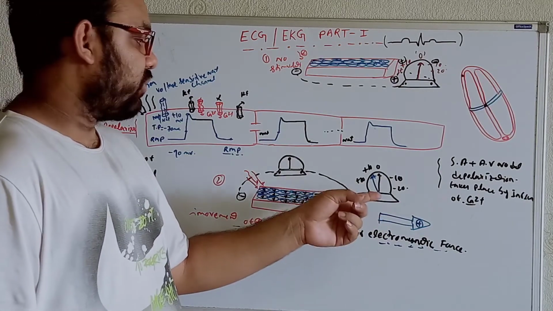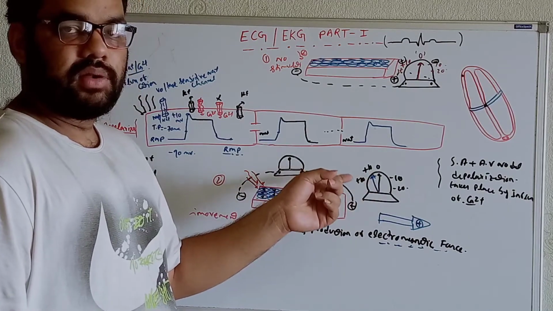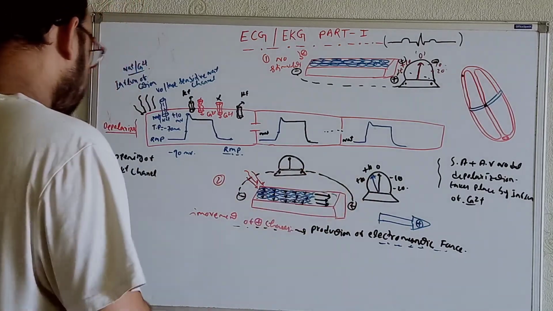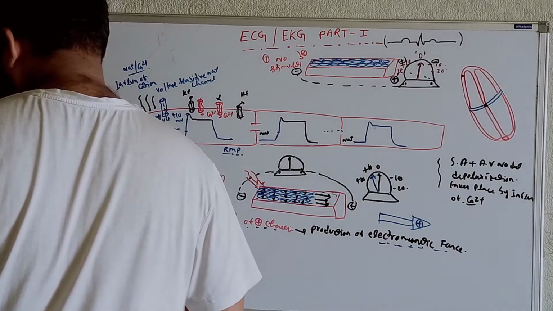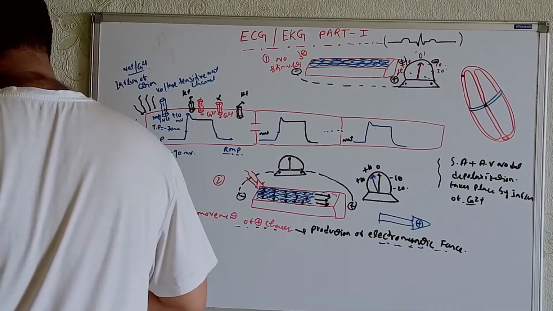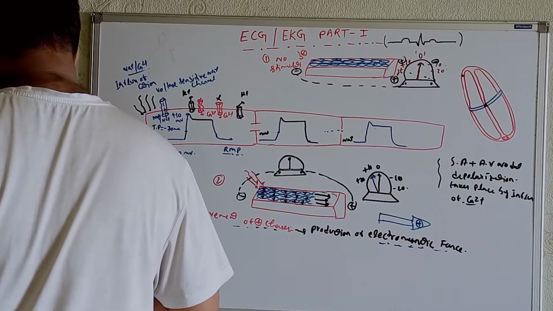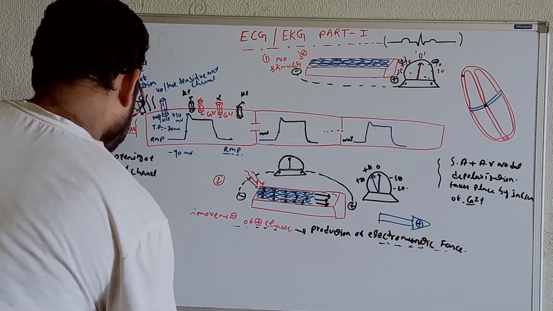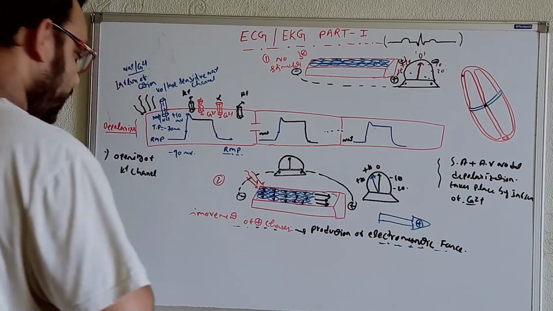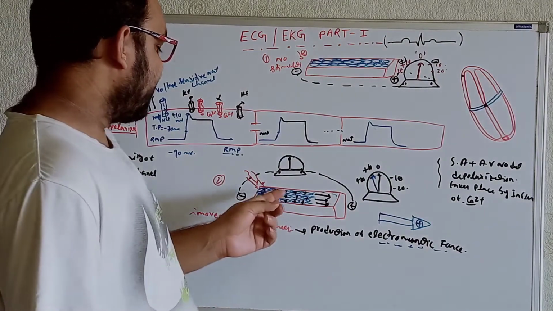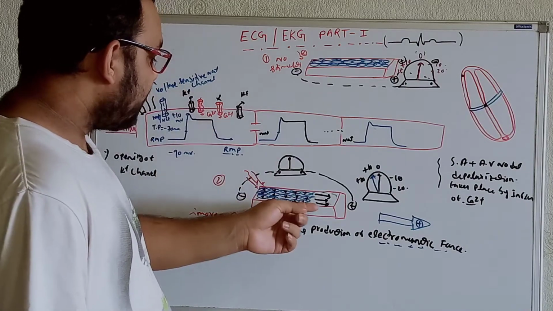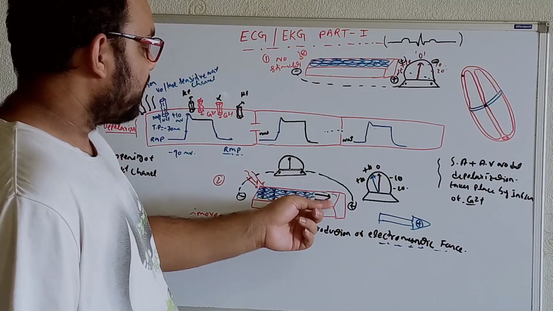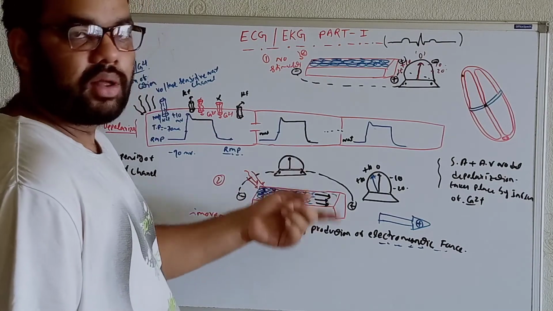Okay, and for the changes we'll get in the next case, let's talk about that. Now see, another important thing: whenever we are getting the depolarizations within the cells, at a time all the cells present within the piece of the myocardium will be depolarized.